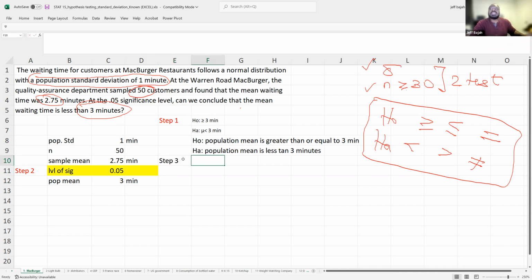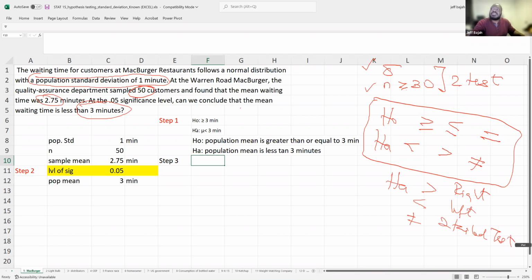Step three is actually easy. It says what type of test is this? Is it a left tail test, a right tail test, or a two-tail test? Remember we said that H sub A, and so this goes back to what we've said at the beginning. If H sub A has a greater than sign, then it's a right tail test. If it has a less than sign, then it's a left tail test. If it has a not equal to sign, then it's a two-tail test.